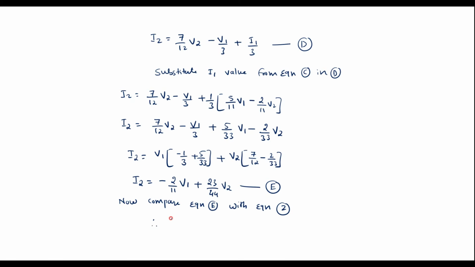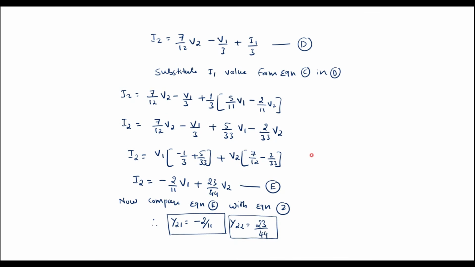Therefore we can write Y21 is equal to minus 2 by 11 and Y22 is equal to 23 by 44. These are the required parameters.